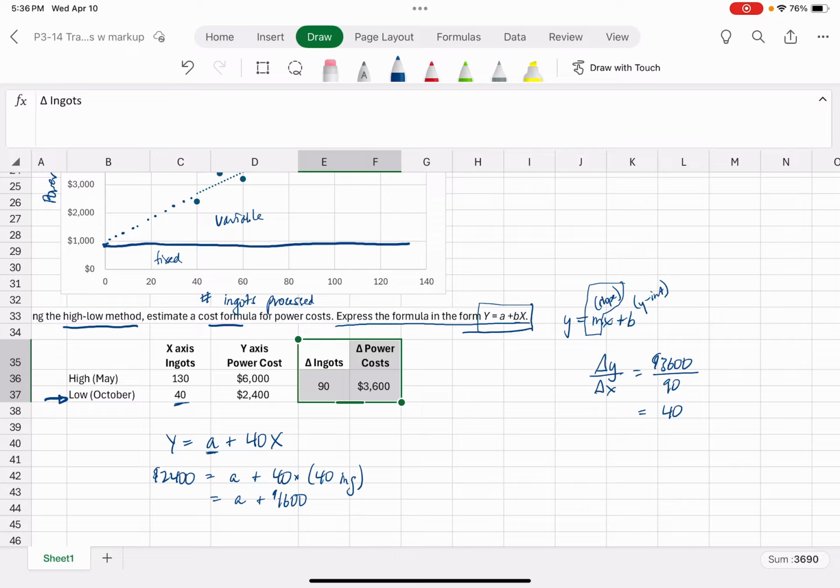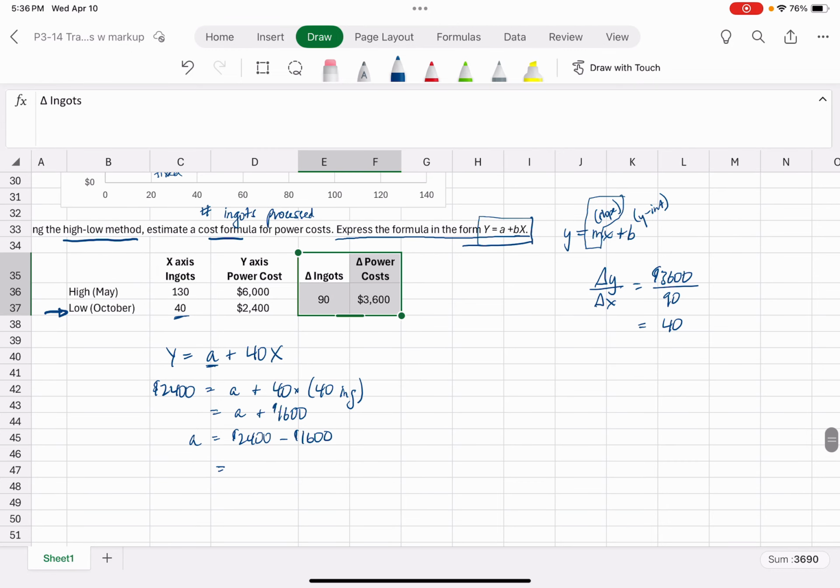Solving for a, it's going to be 2,400 minus 1,600, which is 800. So my formula is y equals $800 plus 40x. Now let's just change that into our cost variable terms.